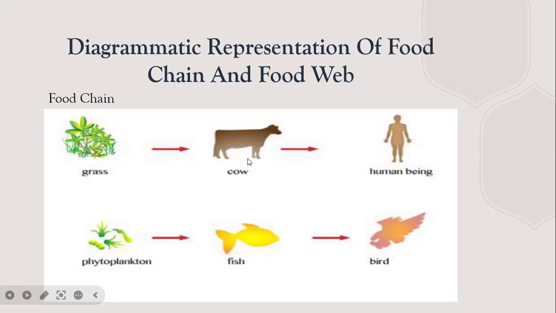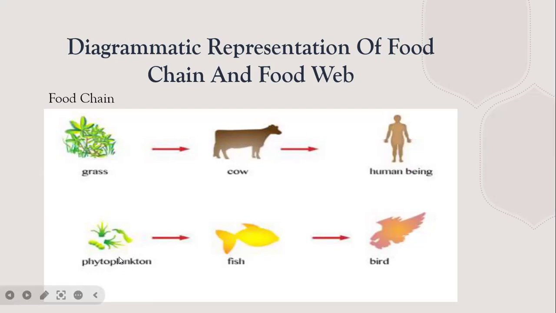So this is just a simple sequence of the consumption of food, where the grass is the producer, the cow is the primary consumer and the human being is the secondary consumer. So there you have it. That's the first diagrammatic representation of the food chain.